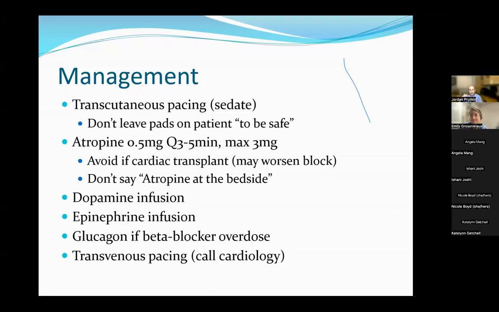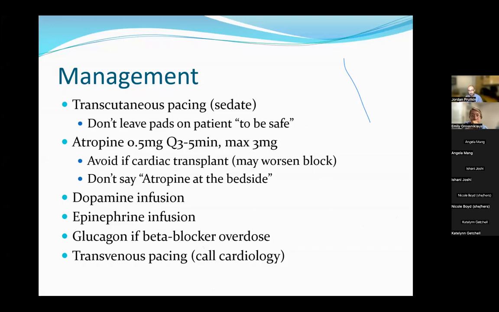We looked at whether pacer pads that had been put on the patient were ever used, and we never found a patient in the hospital where that was done. It doesn't take that much time for most patients to put them on, it's really irritating to patients, and they start to fall off after 24 hours. So please don't do that.